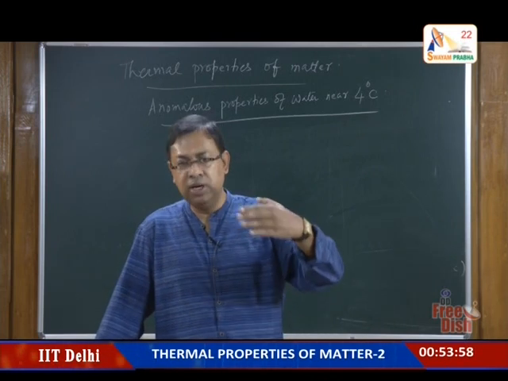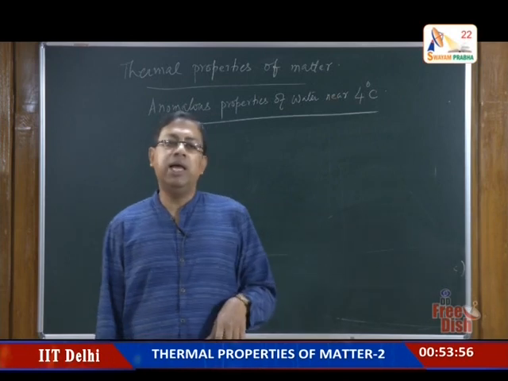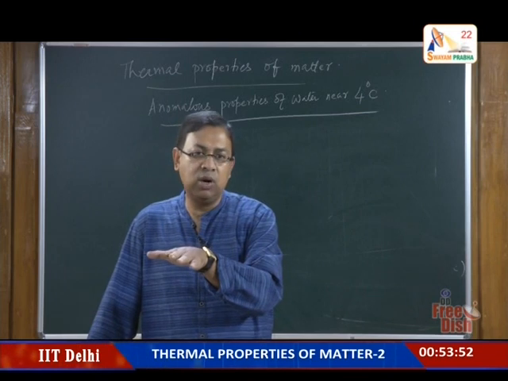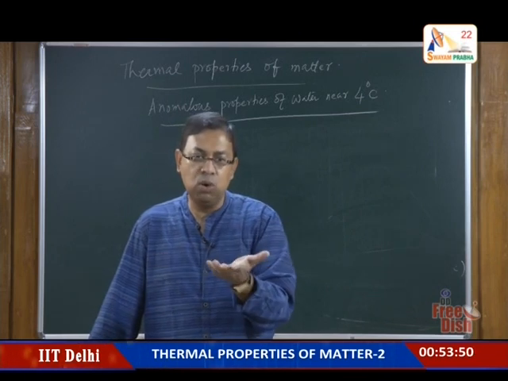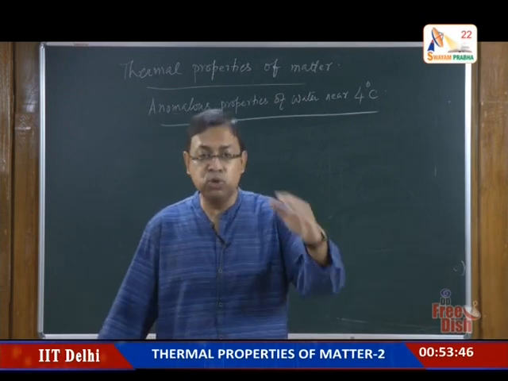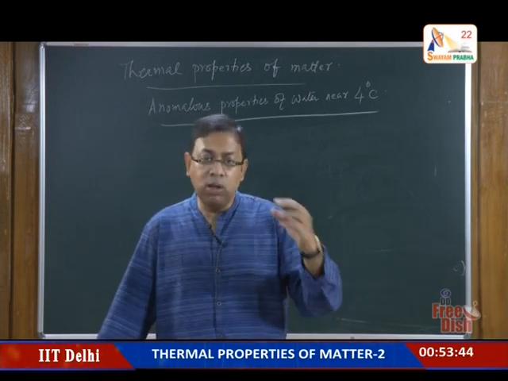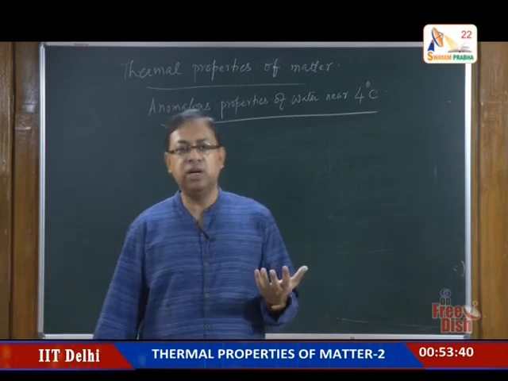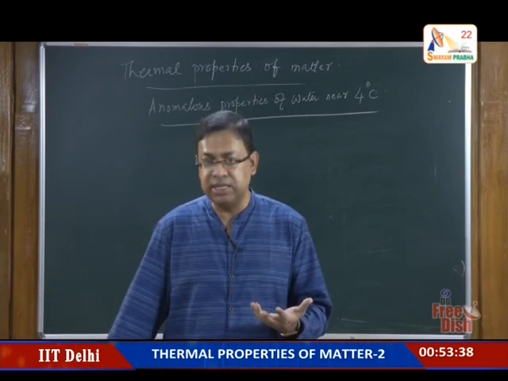And the level below comes up, and that again comes in contact with the air, which is cold but still above 4 degrees centigrade, and this process continues till all the water reaches a temperature of 4 degree centigrade. Okay.